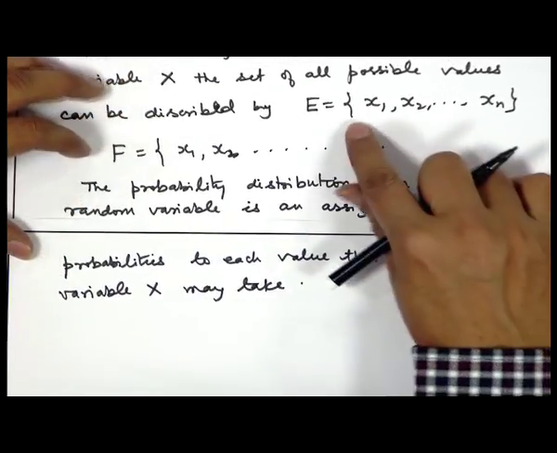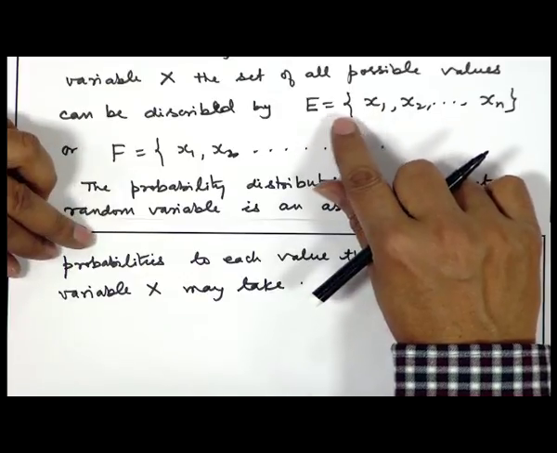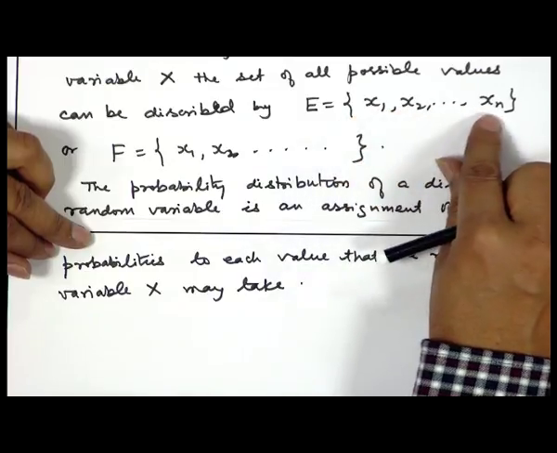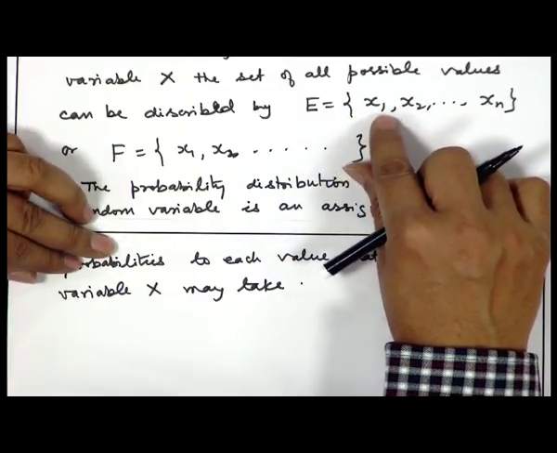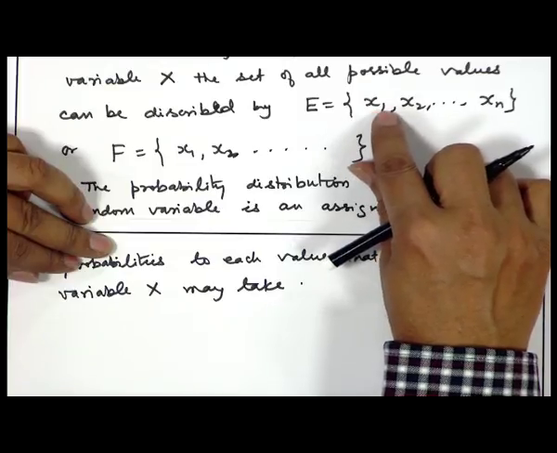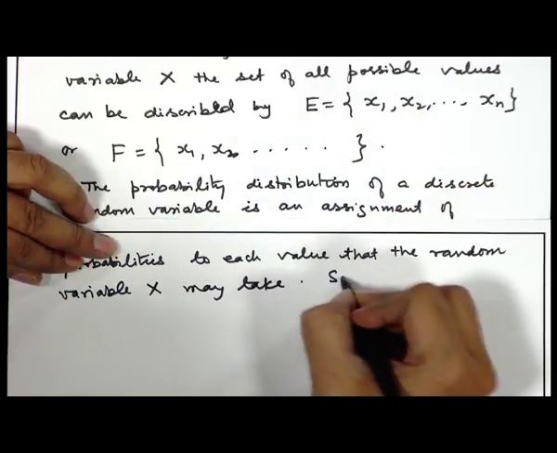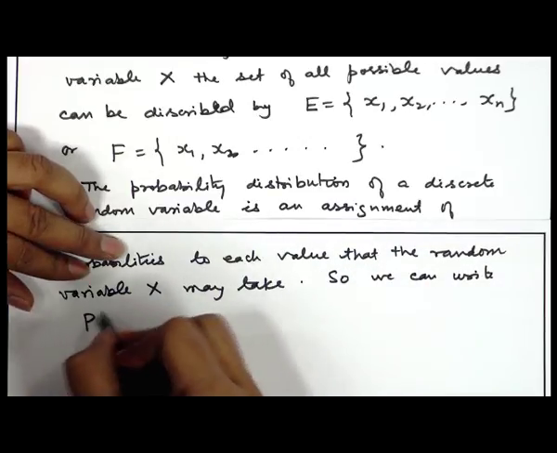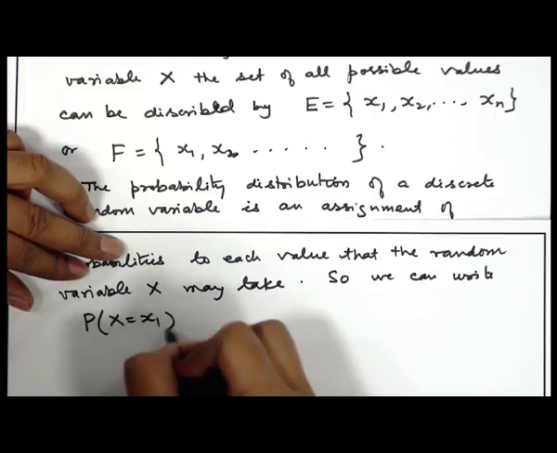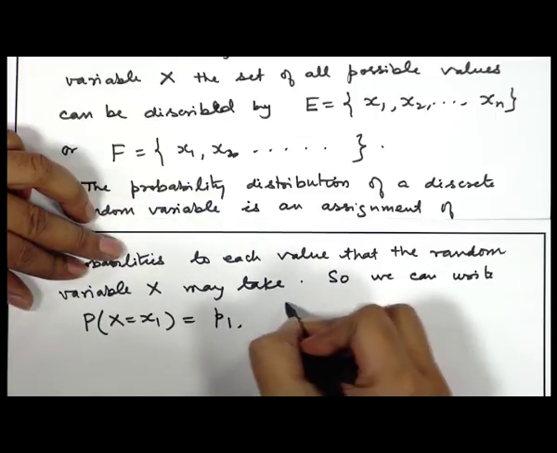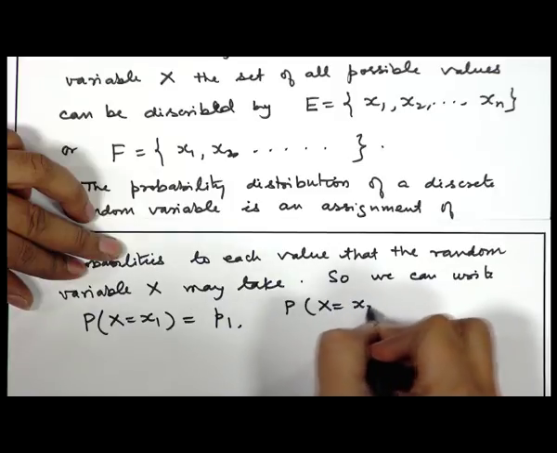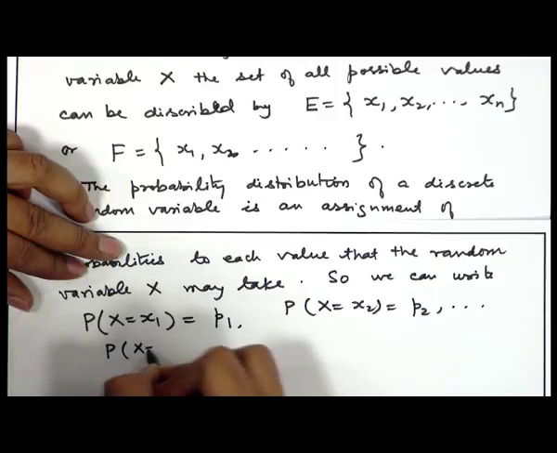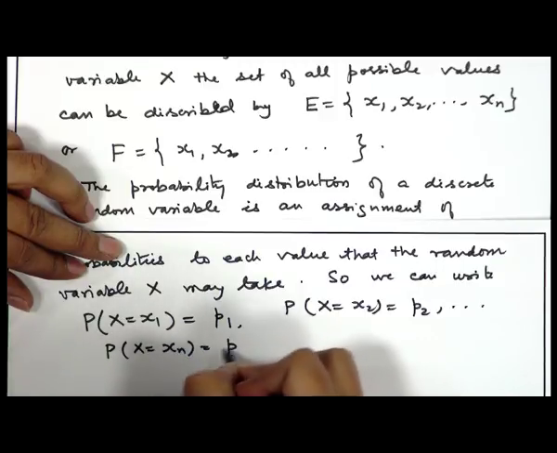So, if I consider the random variable x taking values x1, x2, xn, then if I allocate the probability p of x1, we can write probability x is equal to x1 is equal to say p1, probability of x is equal to x2 is equal to p2 and so on, probability of x is equal to xn is equal to pn.